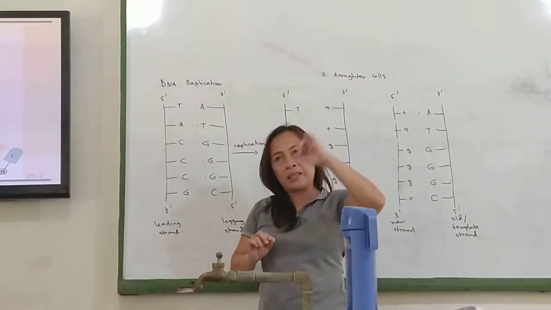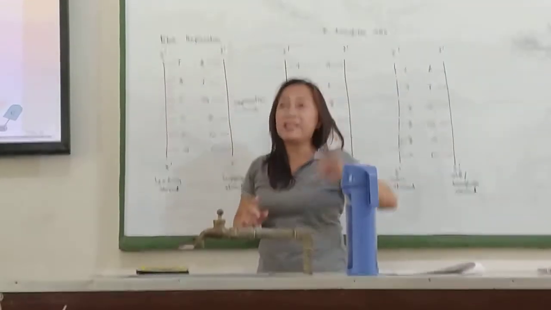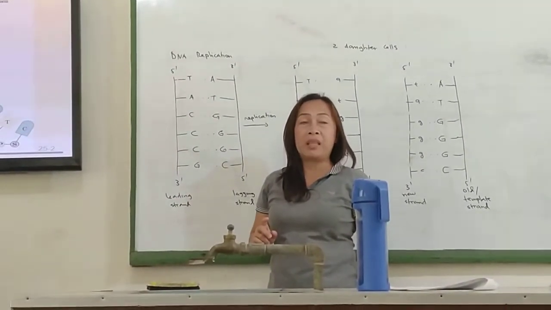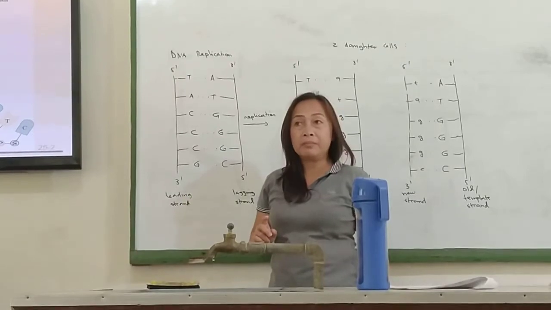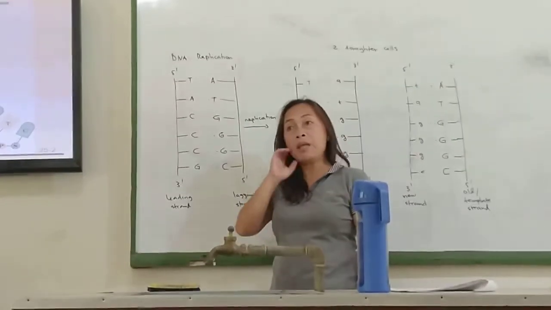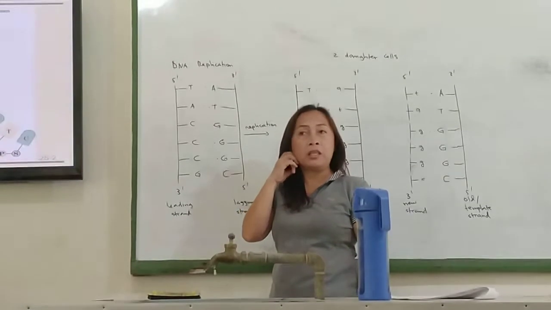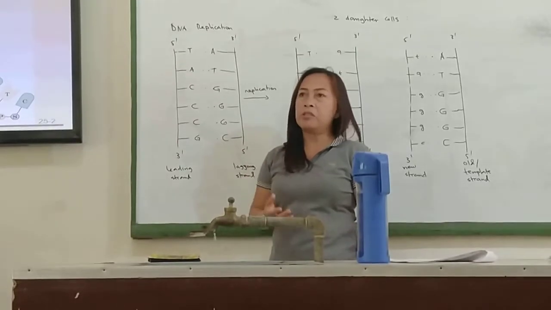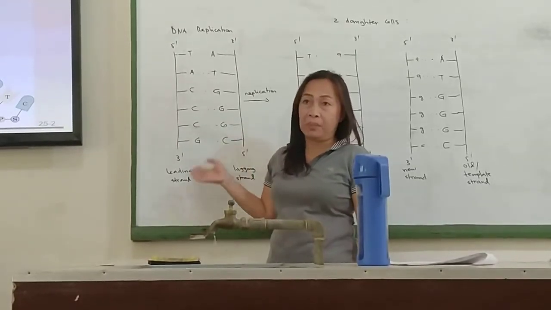These amino acids are the building blocks of proteins, which are held together by a peptide bond. Get it? And that's how protein is made. How protein is constructed or synthesized, that will be our topic.